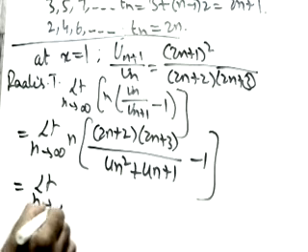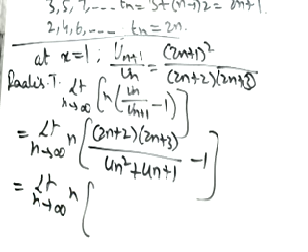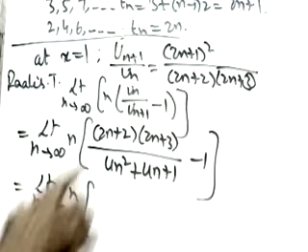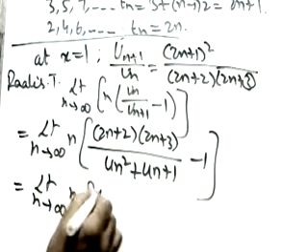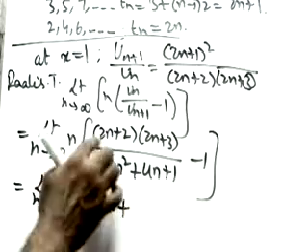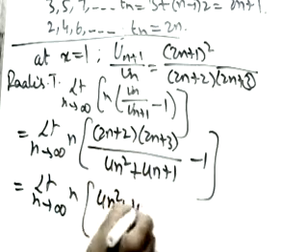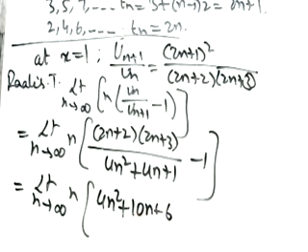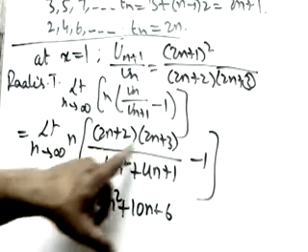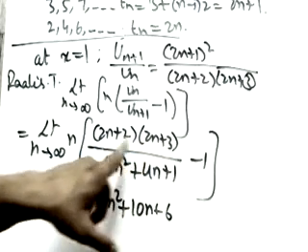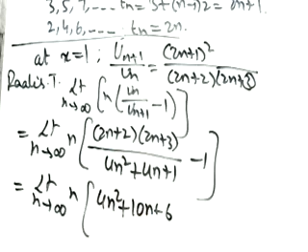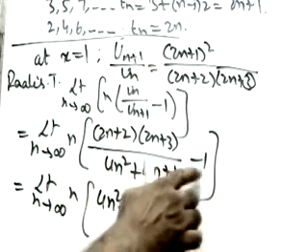Equals to limit n tends to infinity, n into, if you multiply, what will happen? 2 2s are 4, 4n square, plus 2 3s are 6n plus 2 2s are 4n, so 6 plus 4 is 10n, plus 2 3s are 6.